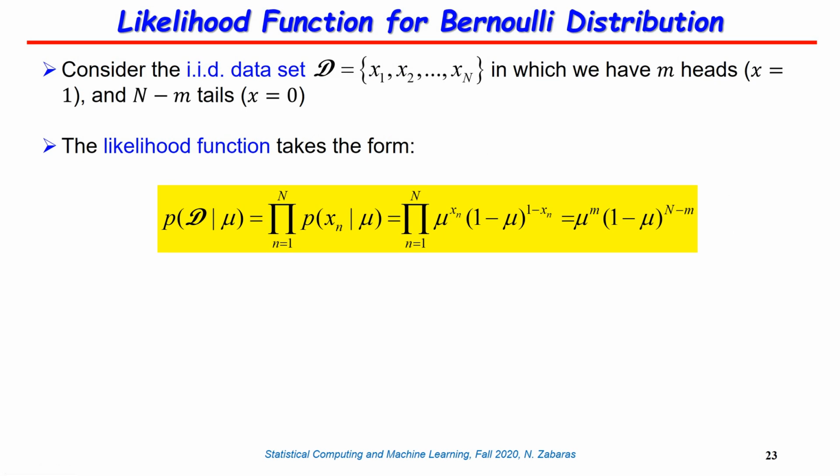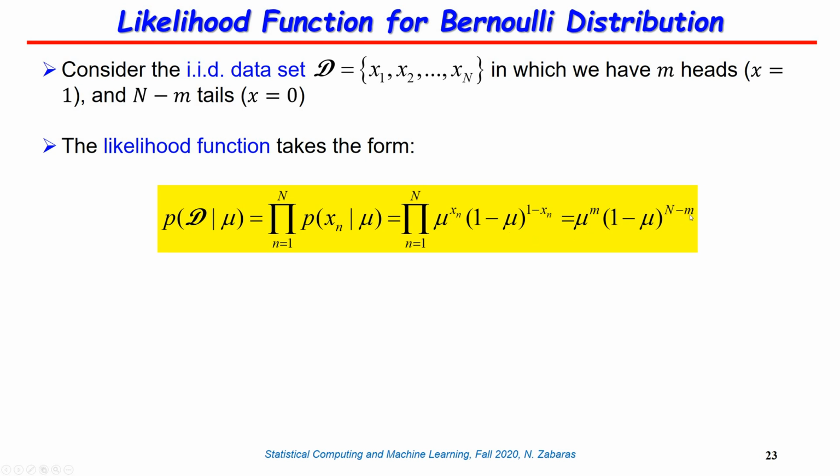I am not going to do the optimization problem for the MLE estimate for the Bernoulli distribution, but let me tell you what you can do as a homework problem. All right. So you would like to find the mu that maximizes this likelihood.